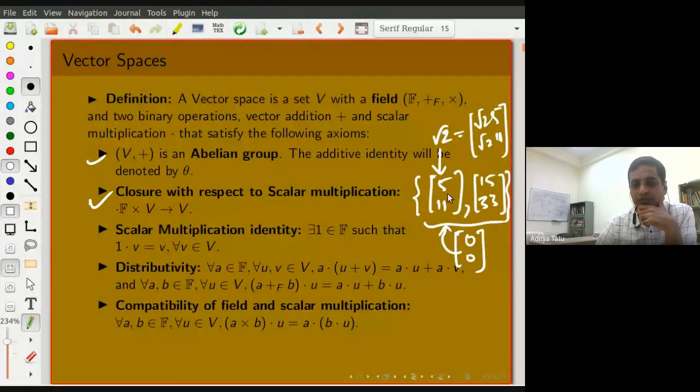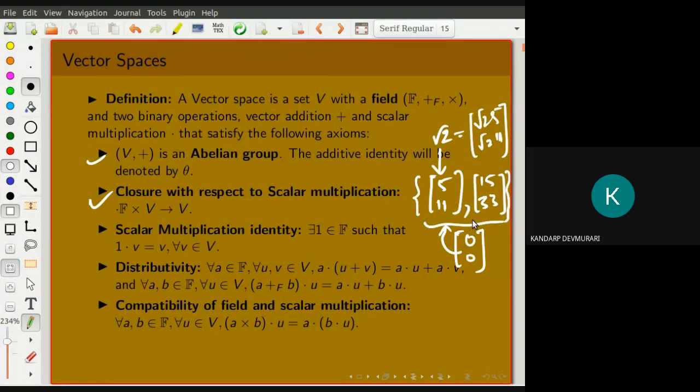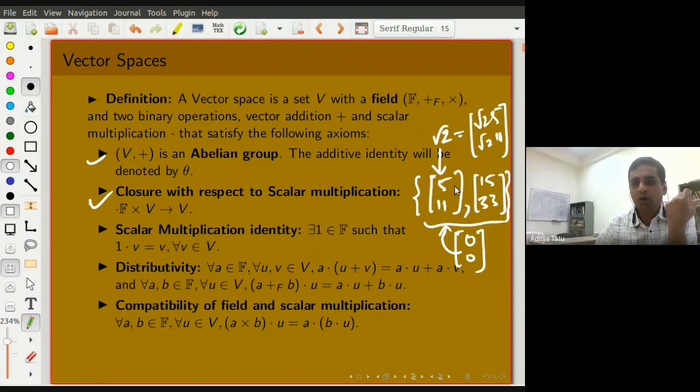This element, of course, is not in this set. So you'll have to include all multiples of this element and this element for the set to become a vector space.